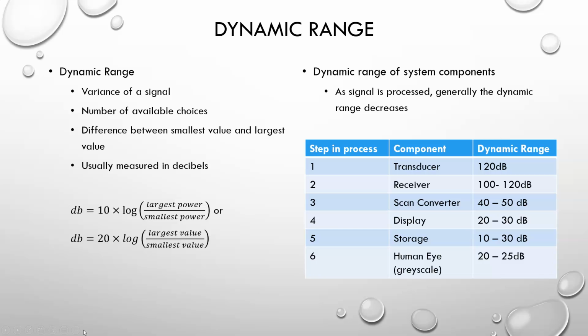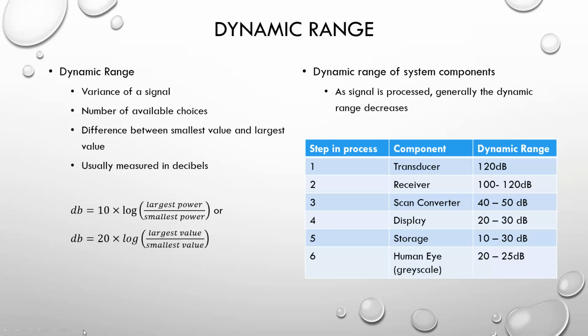But because we're looking at the dynamic range in the system and its sensitivity, we have to remember the most sensitive item that we have is the transducer, and then our sensitivity decreases from there on down. And so the receiver can handle up to about 120 decibels. The scan converters that the receiver sends its information to only handle 40 to 50 decibels.